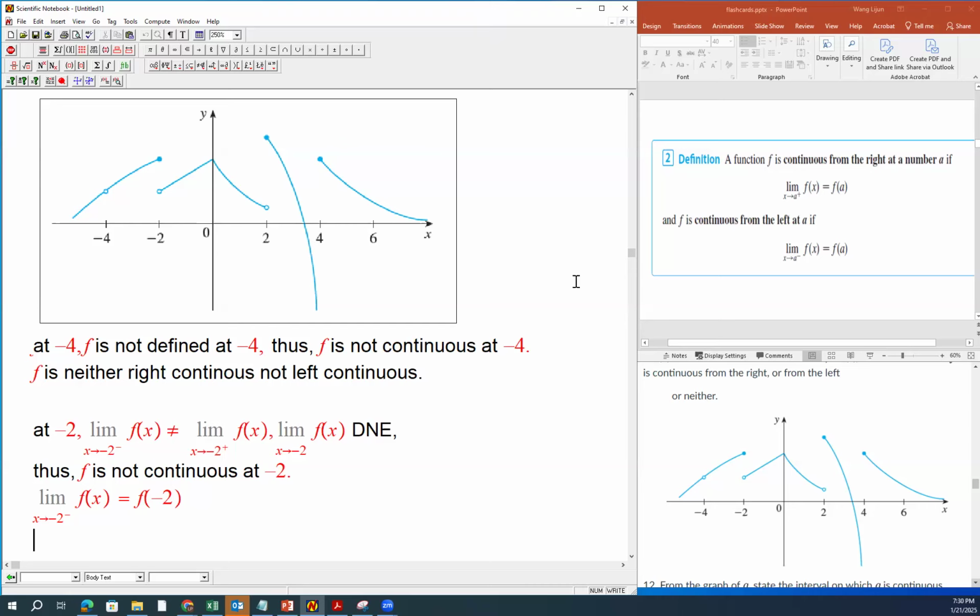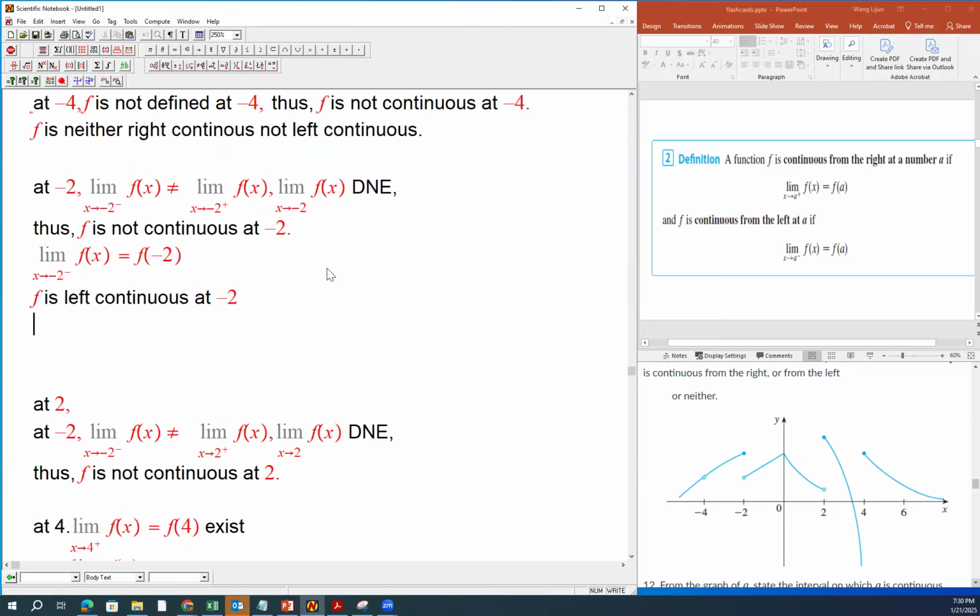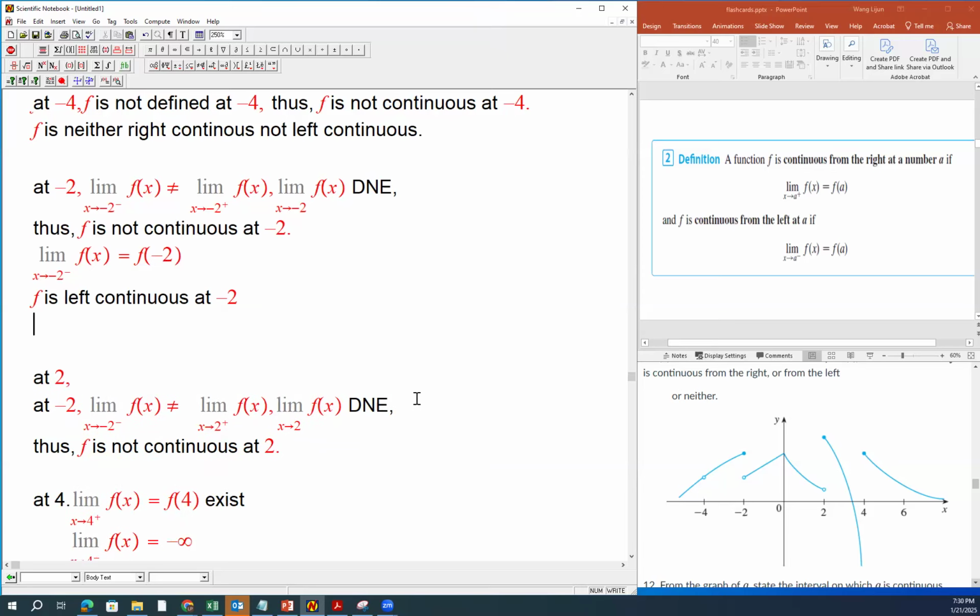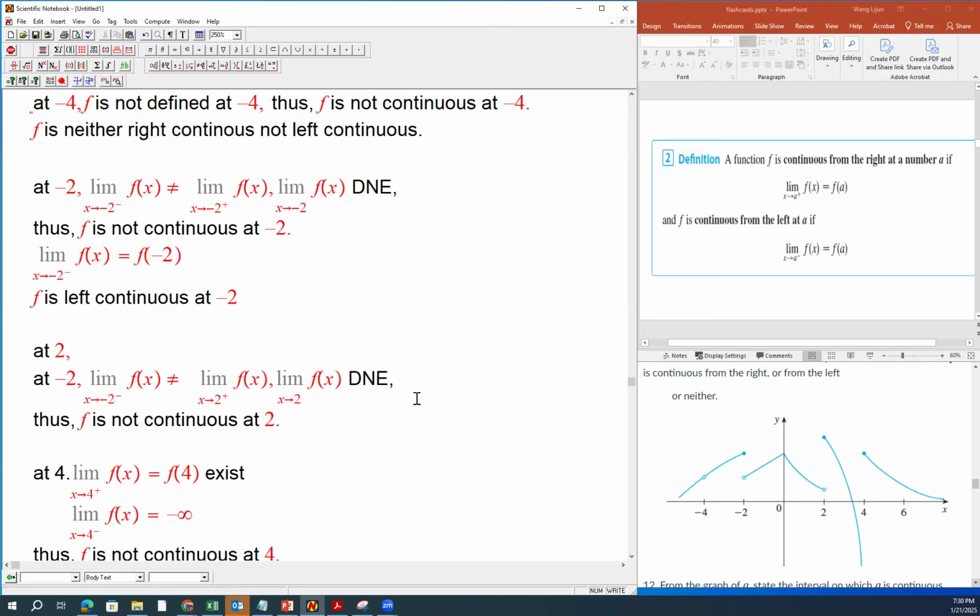So we can say f is left continuous at -2. Okay, so that's what we can say. Now, is it right continuous at -2? No, it's not, because we know they're not the same, right? So now at +2, let's see what happened at +2.